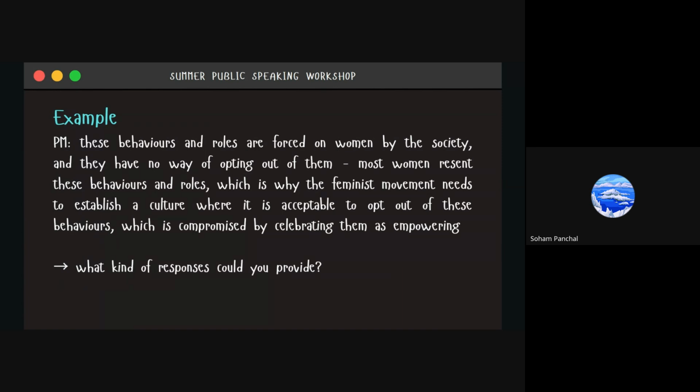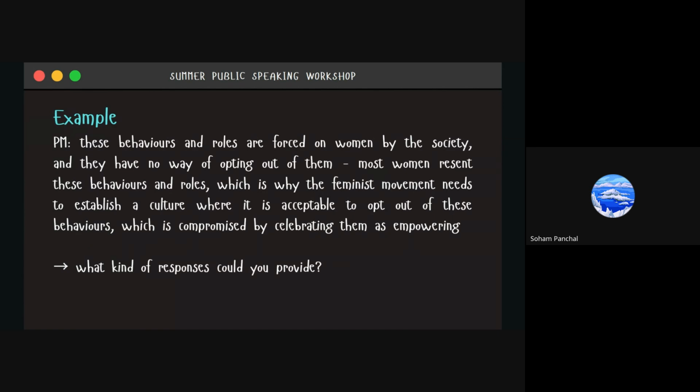What the PM's speech is about is that, if you read the last statement, it is trying to convey that it should be acceptable to opt out of these behaviors, which is compromised by celebrating them as empowering.